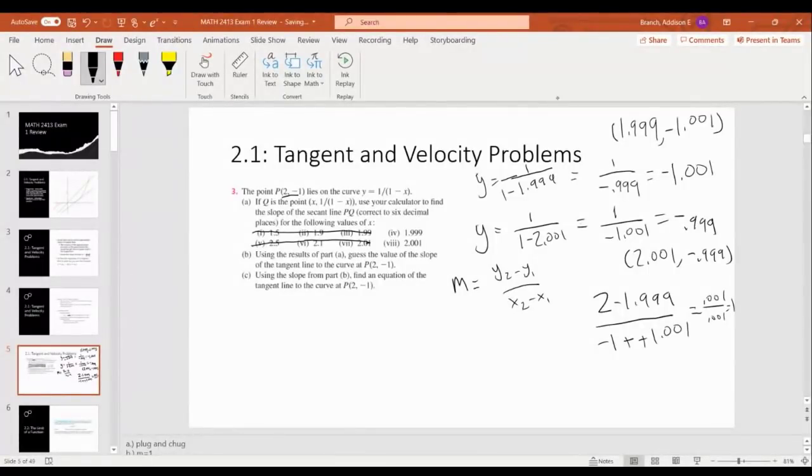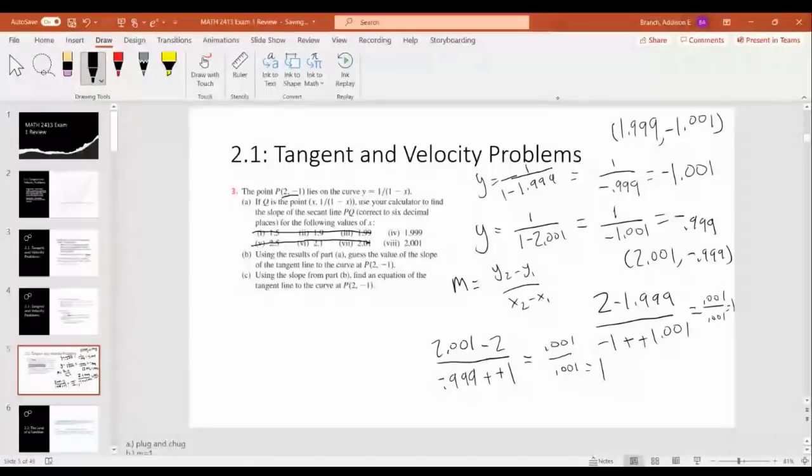We'll repeat that for the second one. We'll do 2.001 minus 2 over negative 0.999 minus negative 1. And that will get us 0.001 over 0.001 again, and that one's just going to be 1.